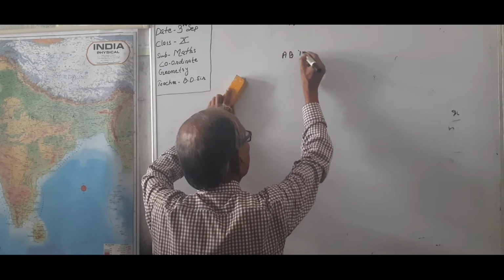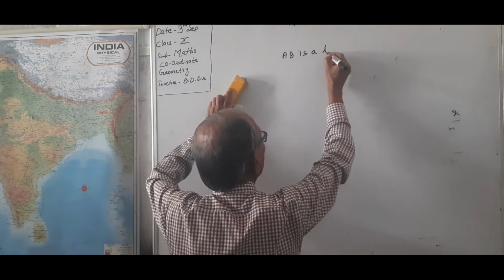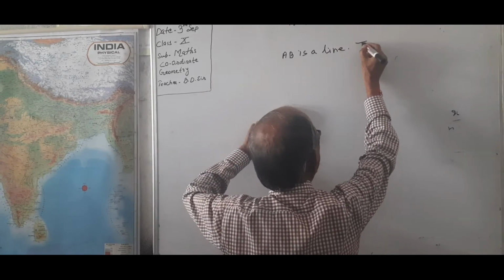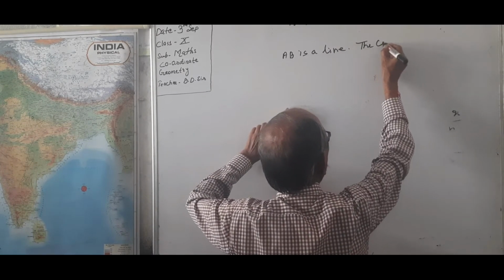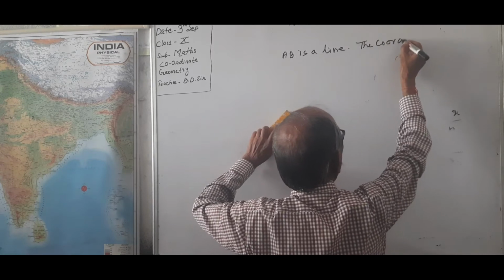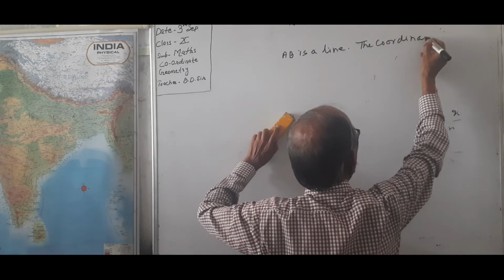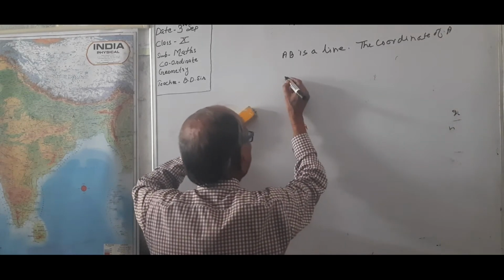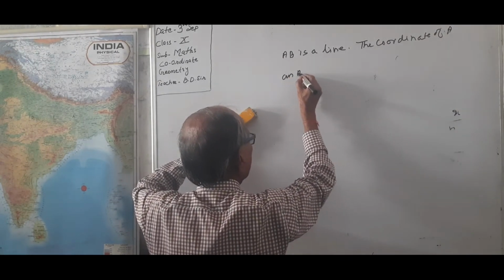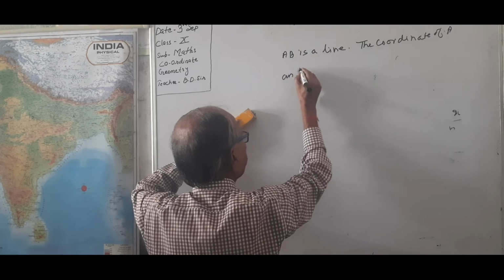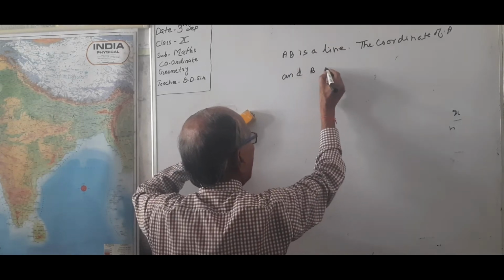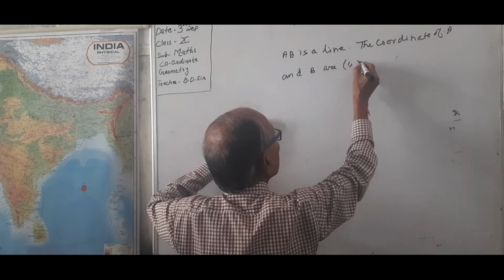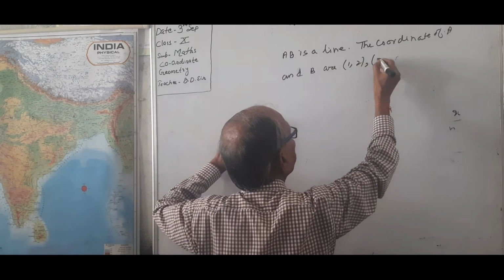AB is a line. The coordinates of A and B are, suppose, (1, 2) and (3, 4).